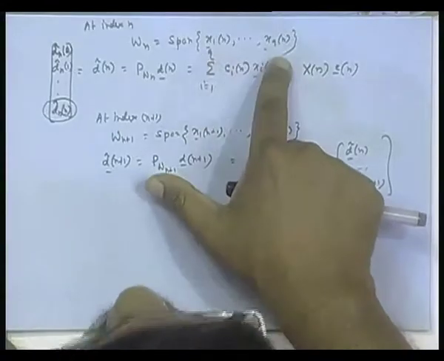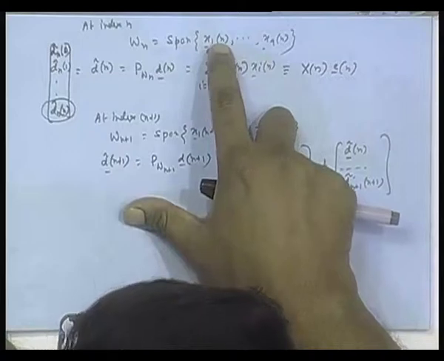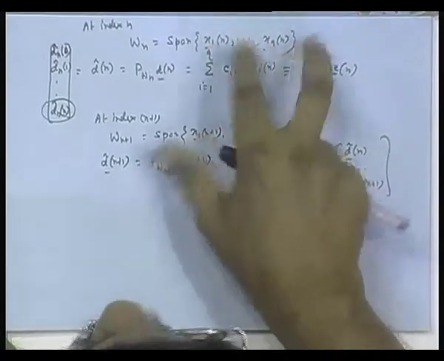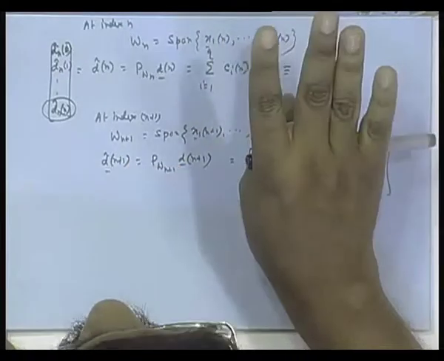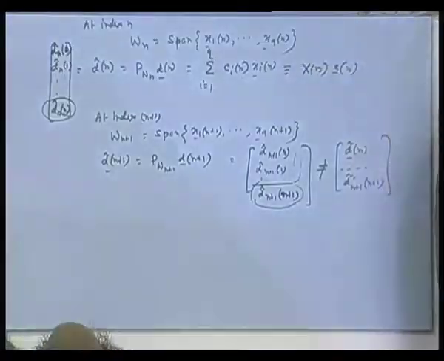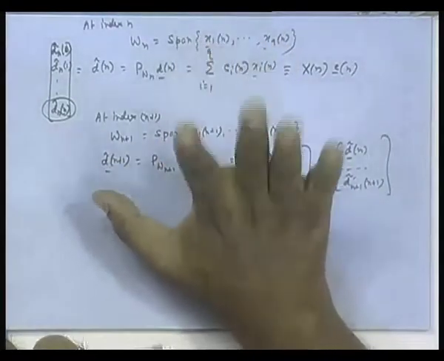I am interested, please see the inner mechanism here, in finding out the filter output. Filter output means combiner output. It is strictly filtering, because it is x1n, x2n up to xQn, not the xn vector, xn minus 1 vector and all that. So I am combining them, and the resulting output I am calling the combiner output. I am trying to find out the combiner output at each index of time. At the nth index, the optimum combiner is doing this projection operation firstly.